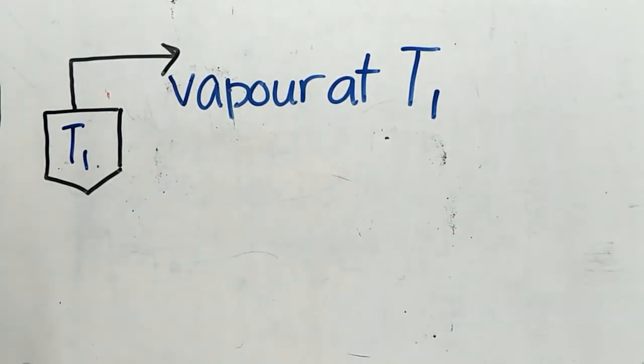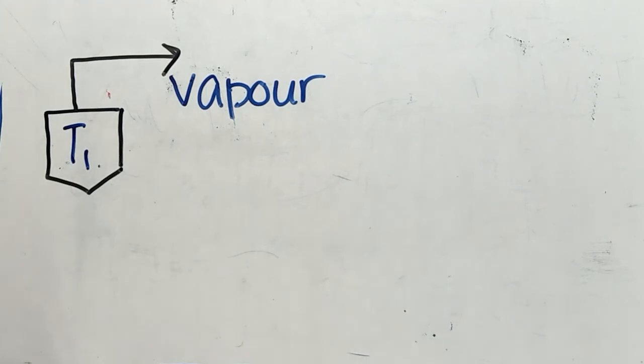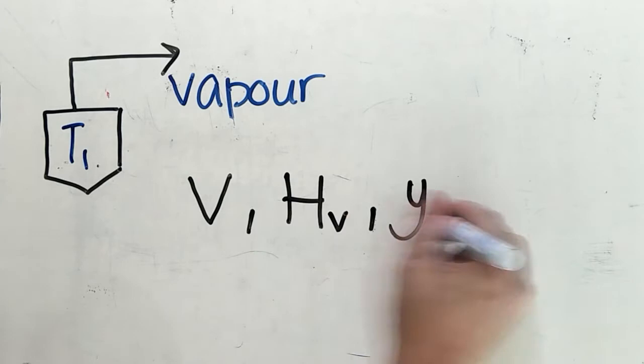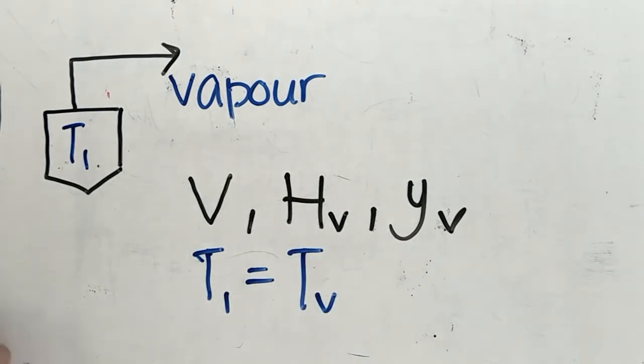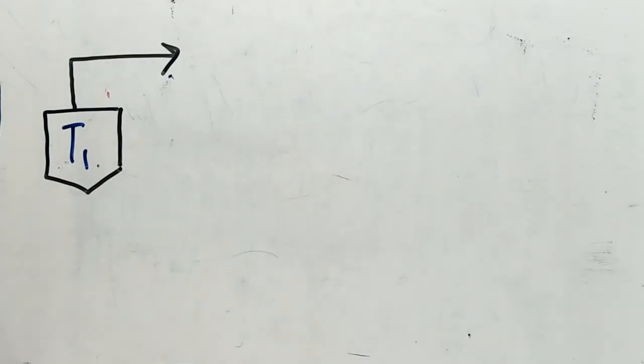While boiling the solution, vapor is produced and the solution is concentrated. The vapor leaves the evaporator at a mass flow rate V kg per hour, enthalpy Hv, and the total mass fraction of solute in the vapor, Yv. We assume it has the same temperature T1 when leaving the evaporator.